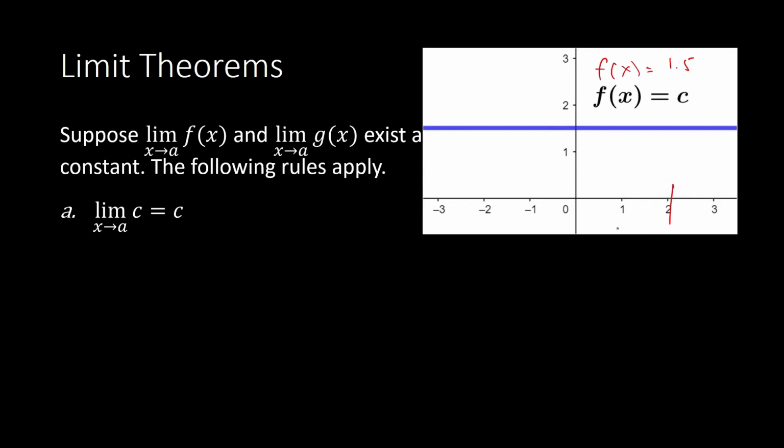Using Theorem 1.1, our theorem for the existence of a limit, we look for the limit of our function as x approaches 2 from the left, and it is equal to 1.5. In the same way, when x approaches 2 from the right, the limit is also 1.5.